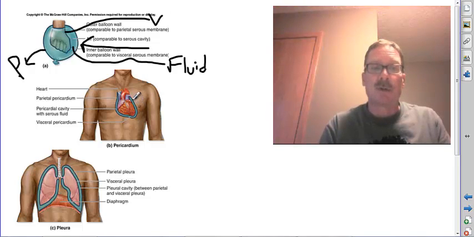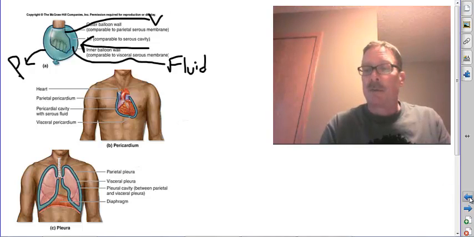In here is that serous fluid that keeps the two membrane parts from rubbing together, sticking together, and also provides cushion. Here, surrounding the lungs, because the lungs are in the pleural cavity, is the pleural membrane, and again, parietal pleura on the outer portion, visceral pleura on the inner.